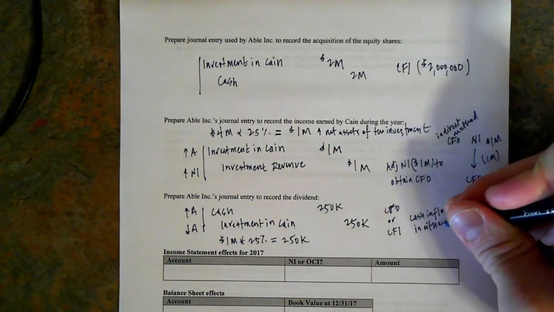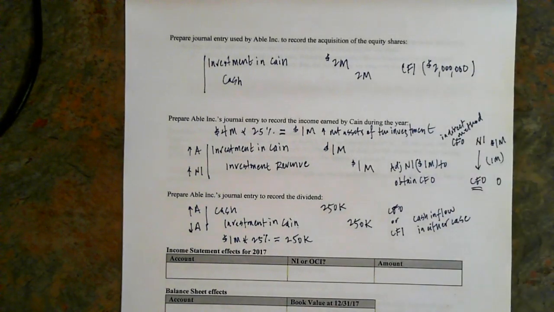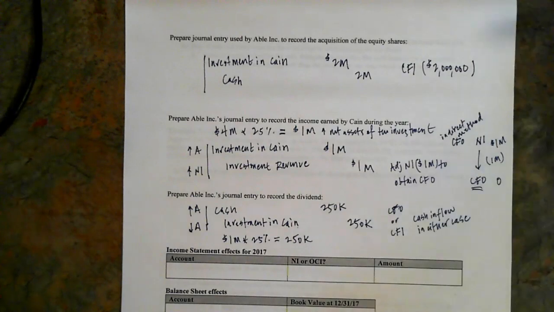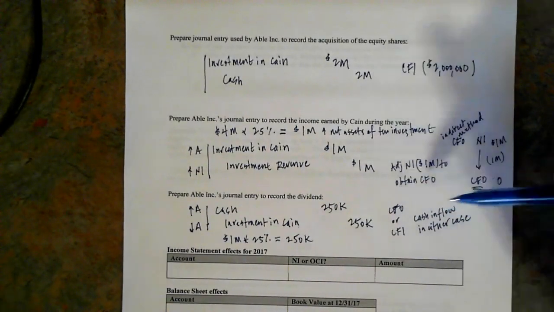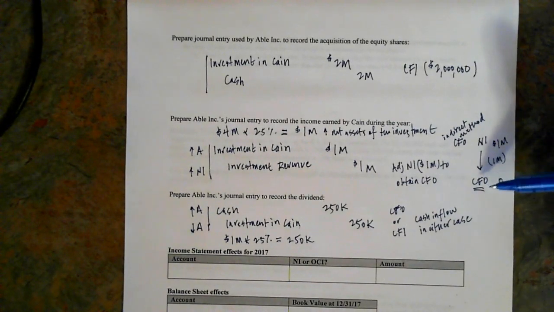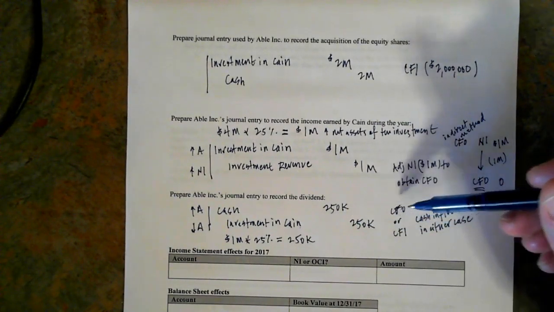And the reason why that's a little different from the fair value method, where if we did CFO, we didn't have to do anything, was because there was a net income account involved. And when there was a net income account involved, net income already had the 250. Therefore, I didn't have to adjust it in any way to get CFO. In this case, there is no net income, so we have to show a cash inflow, even if we put it in CFO.